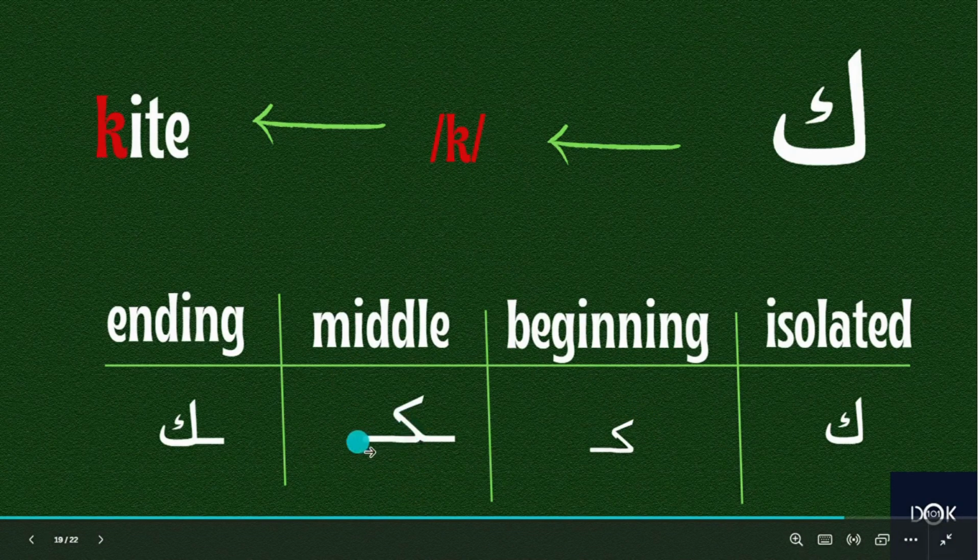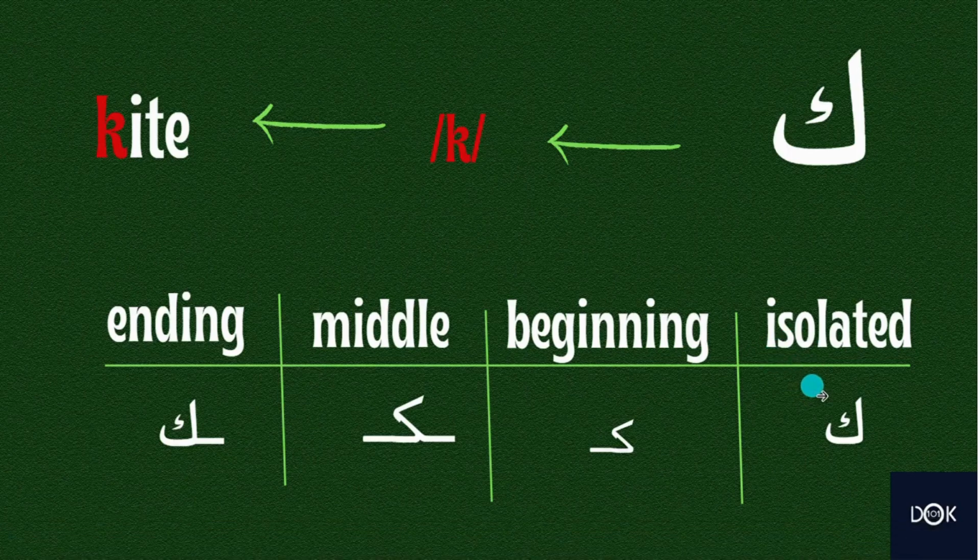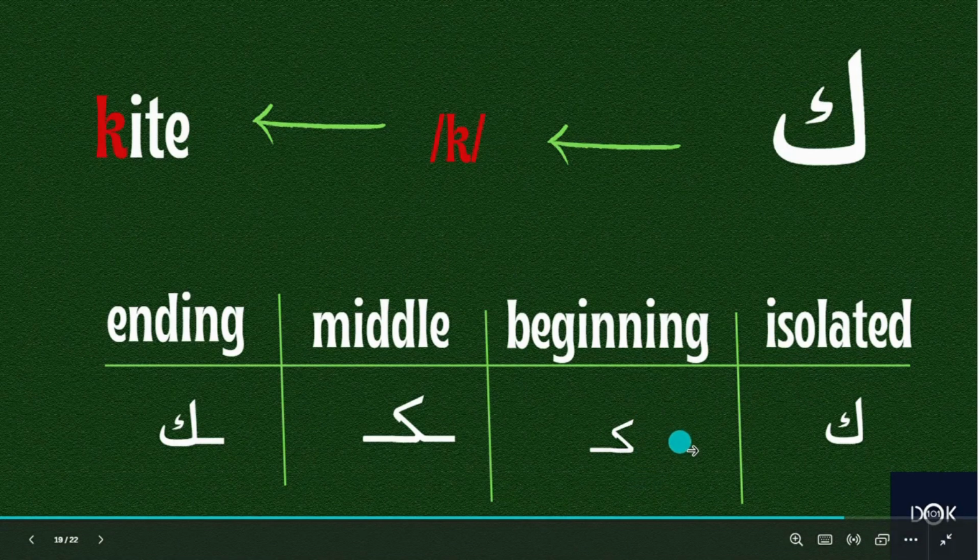When kaf is connected to the letter before it as well as after it, it looks just like the one at the beginning. But when kaf is written at the end, it looks like the isolated form, except that it is connected to the letter before it. Sometimes it's also in an isolated form and it will be the same, with a slanted S shape over it. So you have to remember this difference.